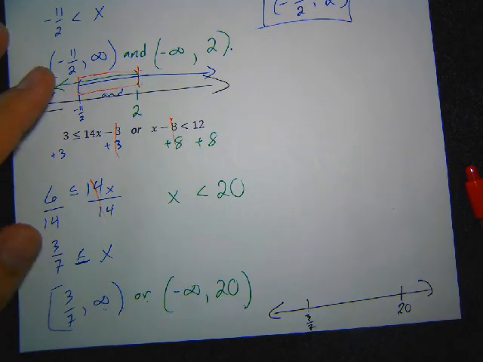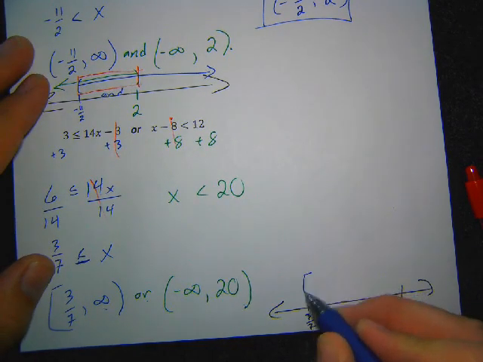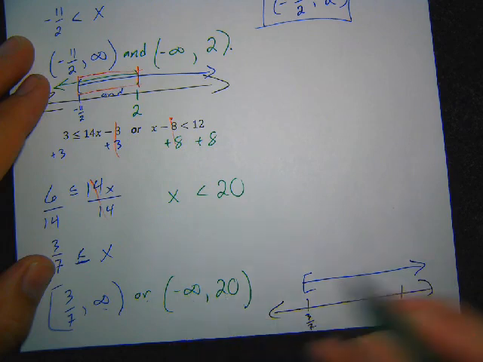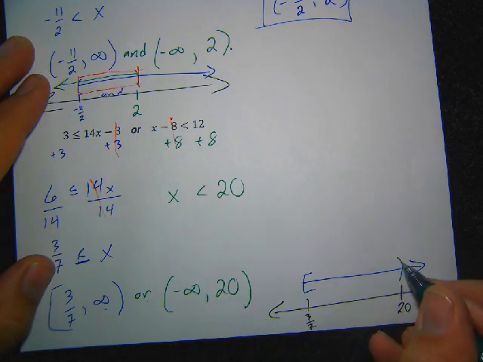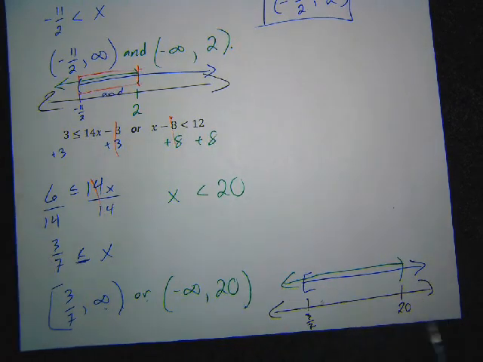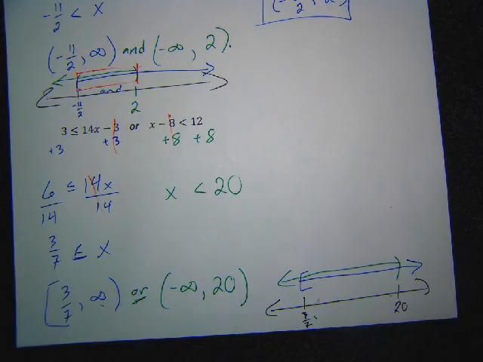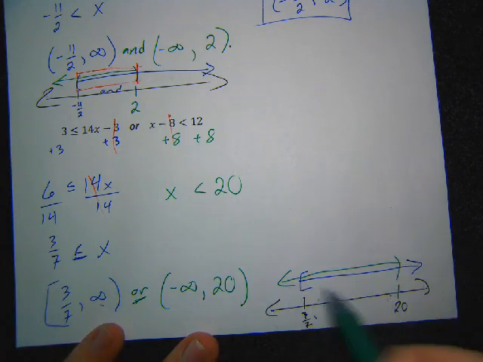The 3/7 piece is going to be from here going forever that way. The 20 piece is going to be from negative infinity to 20, going that way. Now, you may be thinking, oh, it's the middle piece. But no, this one says or, not and. So it doesn't have to be both. It has to be either. So you could either be in the green line or you can be in the blue line.